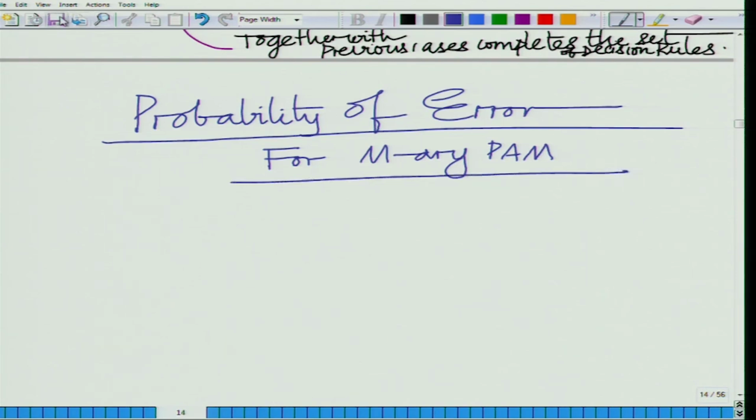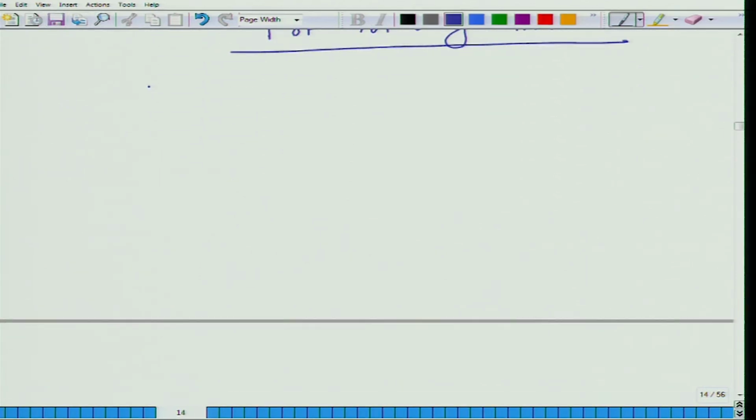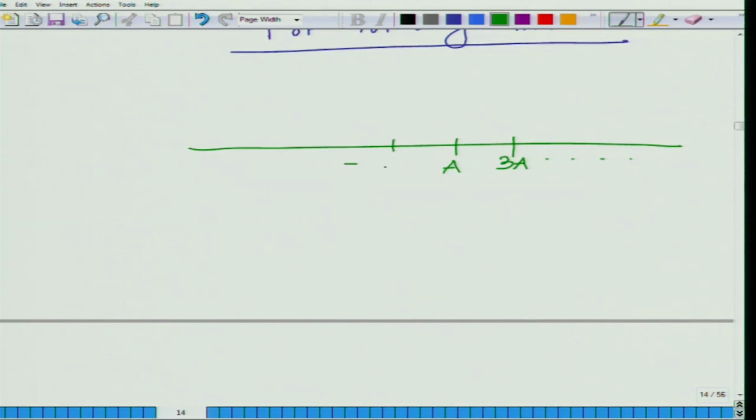What is the associated probability of error? Now, consider the transmission of a_0 equal to a. Okay, let us look at this point. a_0 equal to a, we have the next point 3a, and −a and so on. So, consider the transmission.